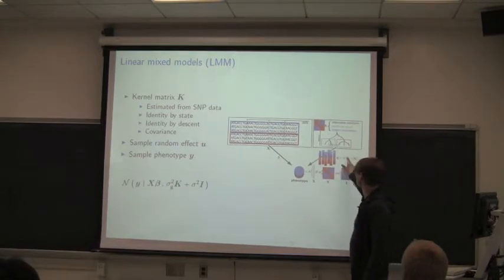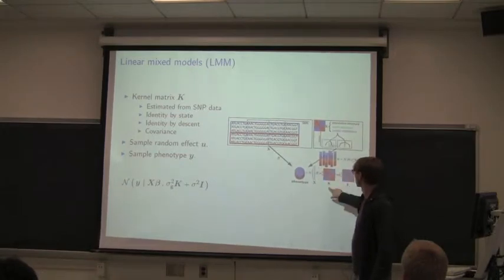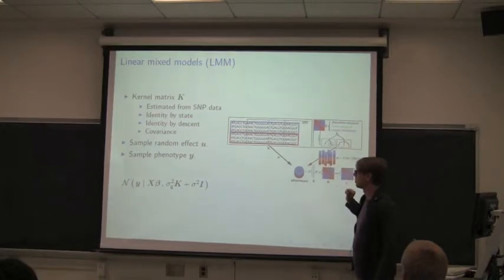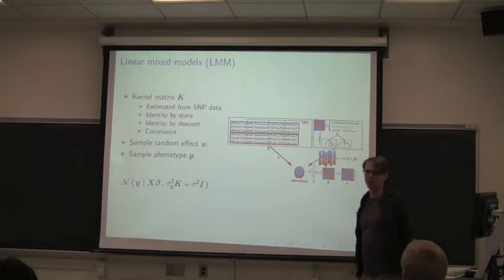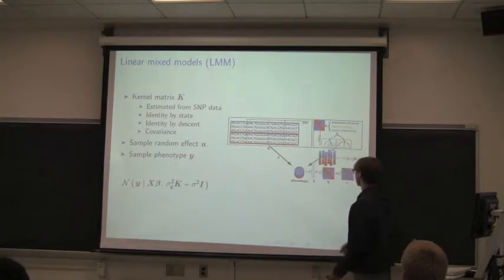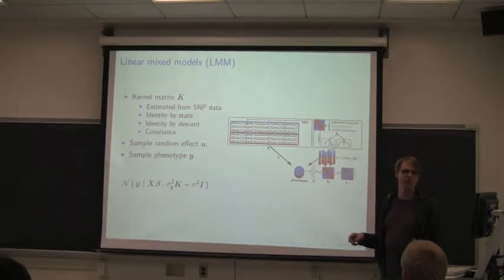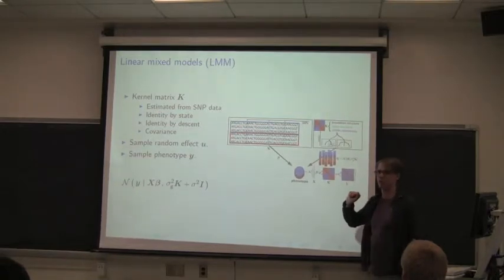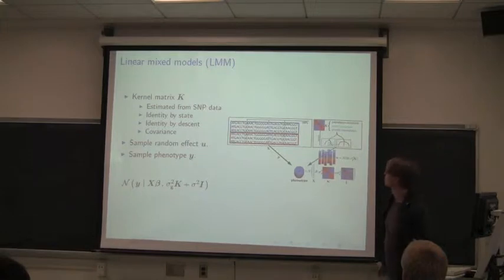If you do that, you can do it analytically. It actually goes away from the mean of the distribution, but instead this K matrix appears in the covariance of the model. So we now have a model that looks very similar to a linear regression model, just that instead of having independent variances, we now have a dependent covariance term.